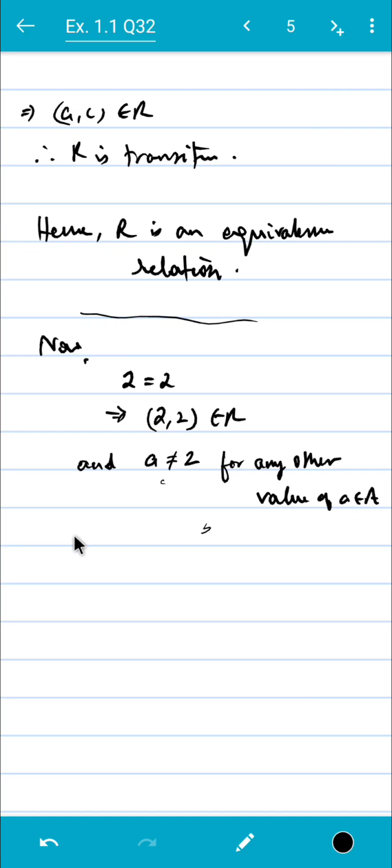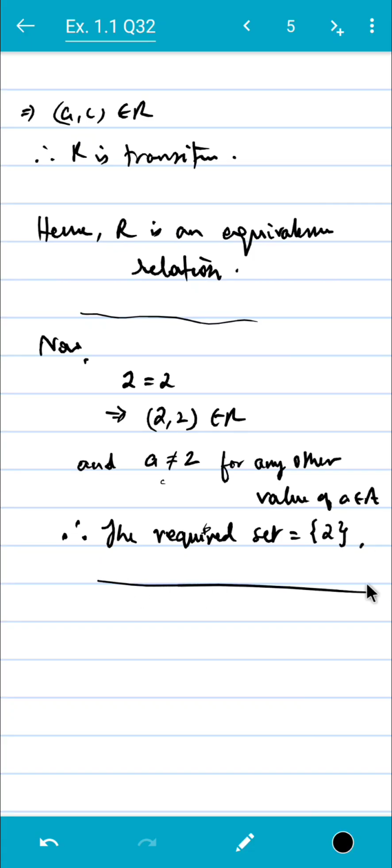So therefore the set of all elements that are related to 2 is only 2 and nothing else. Because if we list only this 2 here, then it's like we haven't checked all other elements. So we're mentioning here that it works for 2 and for nothing else, so that's why only the element 2. So this will be the answer for number 2.